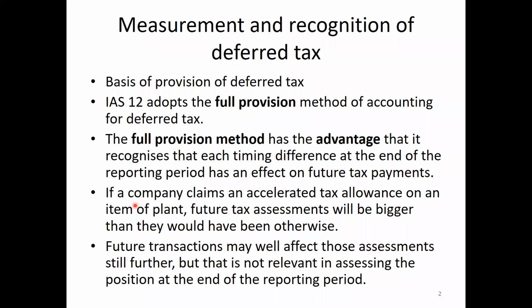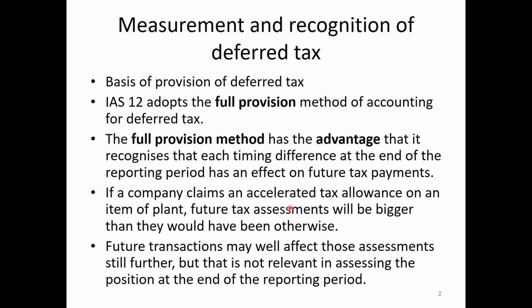Then when we compare the taxable profit with accounting profit, taxable profit is less. Therefore, we pay less tax because of the accelerated tax depreciation, and that is called tax allowance.